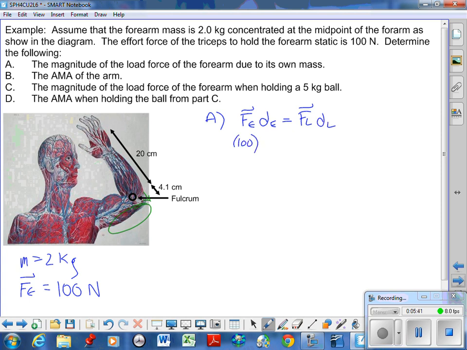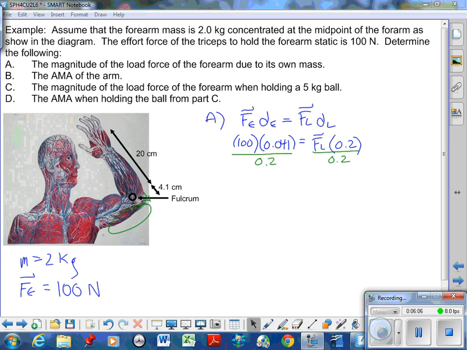We know dE is, now it's in centimeters, I'm going to convert to meters, so 0.041. I want to know the load force, FL, and I know the distance is 20 centimeters, which is 0.2 meters. So doing our division, we get 20.5 newtons.